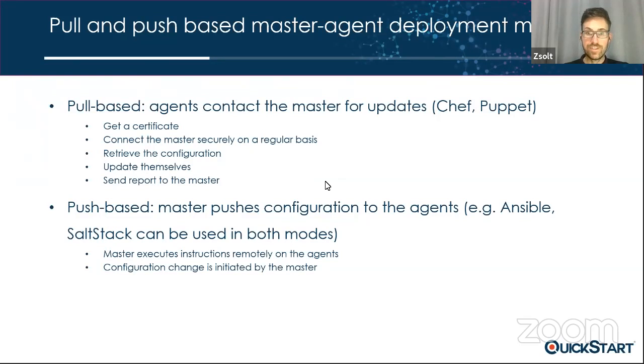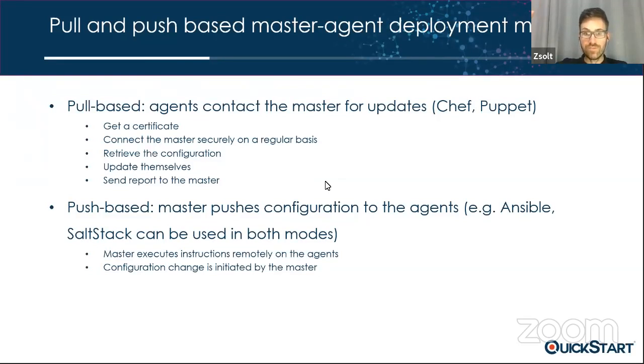The advantages or disadvantages can be derived with some common sense, actually. In case of a push-based update, if there are many different requests in parallel that need to be executed fast, and you have, let's say, thousands of different nodes in the network, you might run into some short-term trouble. So it's less scalable.